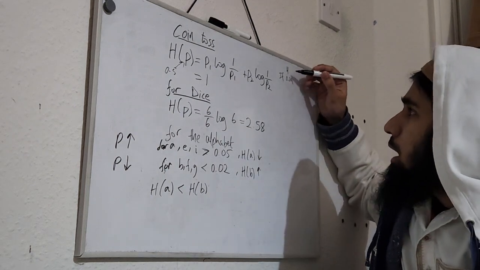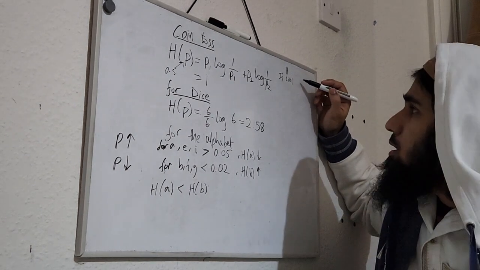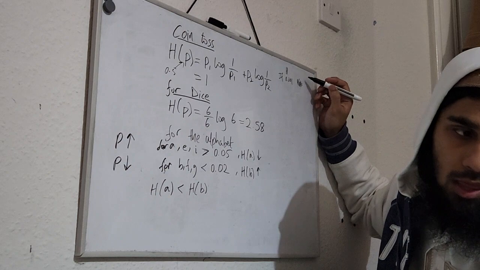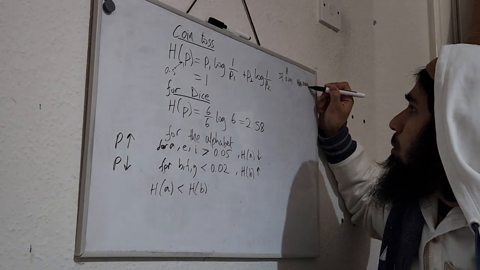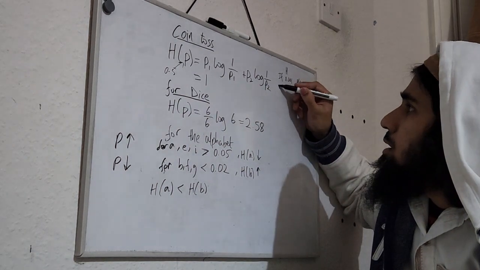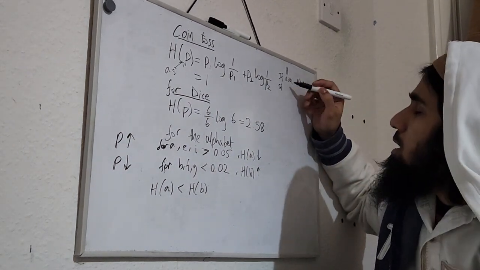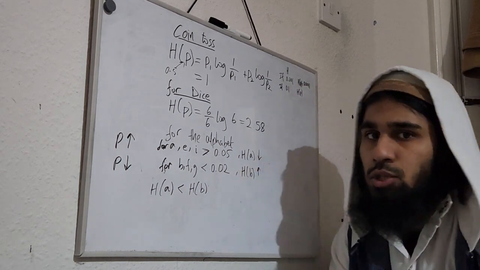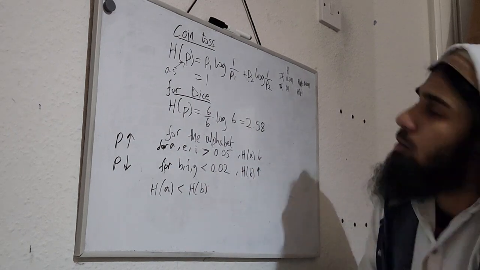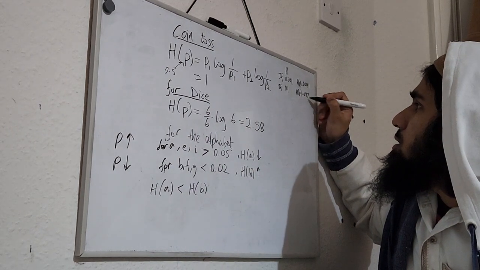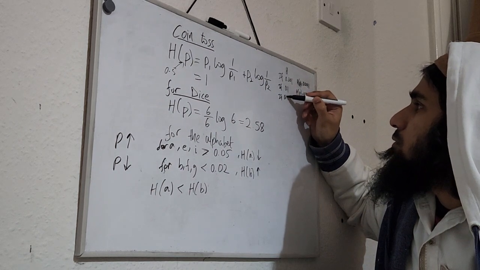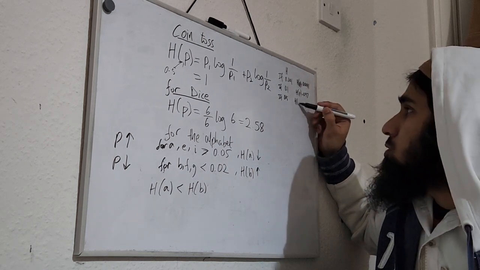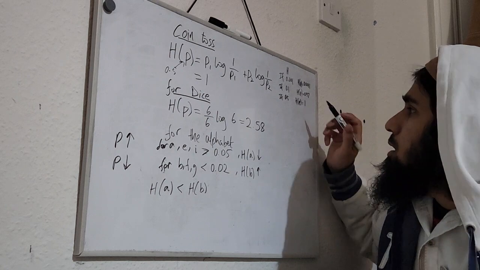So the entropy for this is very low. Why? Because you know the outcome very easily. And if the head is 0.1, so you have a 1 in 10 chance of getting heads, the entropy will be 0.47. Now we know before, if the probability is 0.5, the entropy would be just 1. So you can graph that.